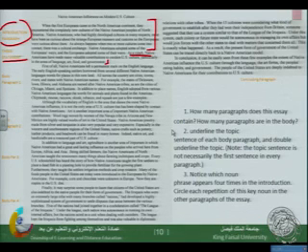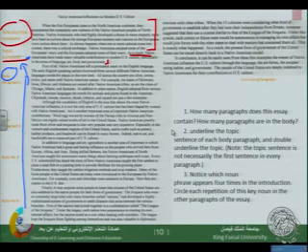Okay? And here we have the body paragraphs. See, in the body paragraphs, you may have 1, 2, 3, 4 paragraphs to support the thesis statement. So all of these paragraphs support the thesis statement.